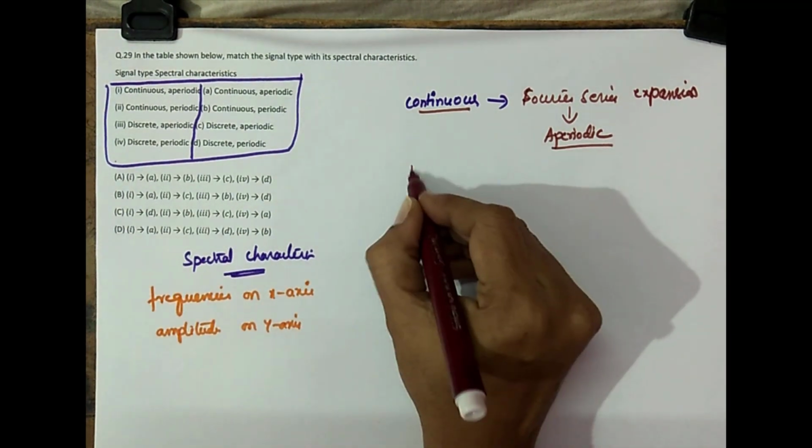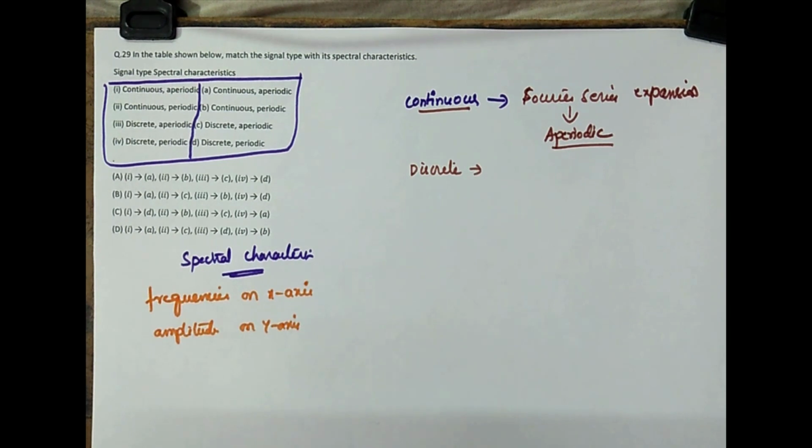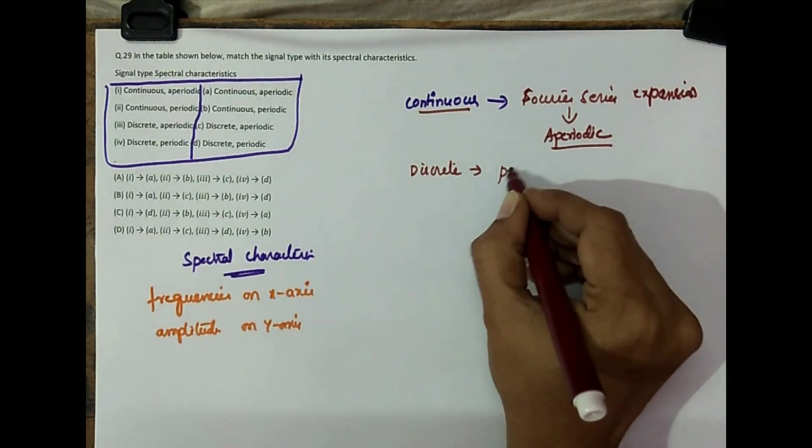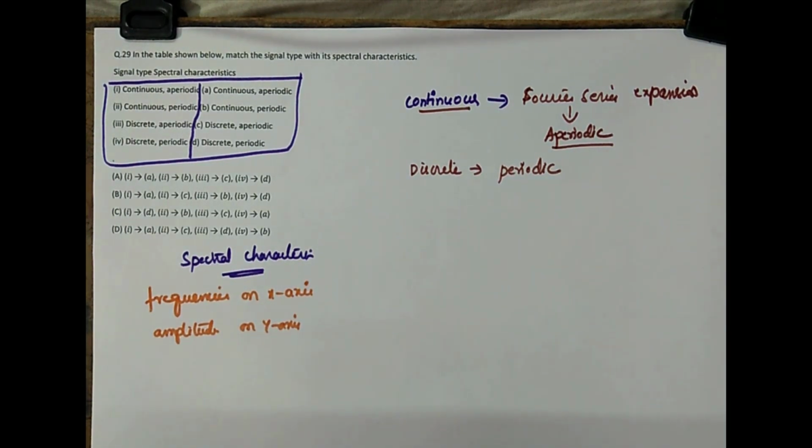And for discrete, in the process of discretizing a continuous signal, we are sampling with a specific time interval. So that creates periodic spectral characteristics. The spectrum is periodic for a discrete signal.